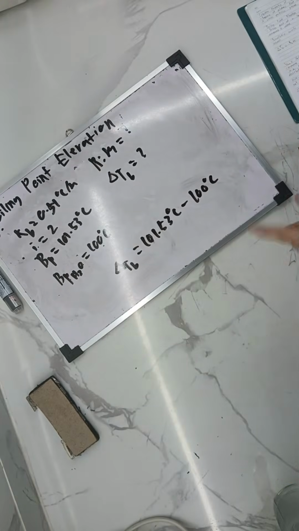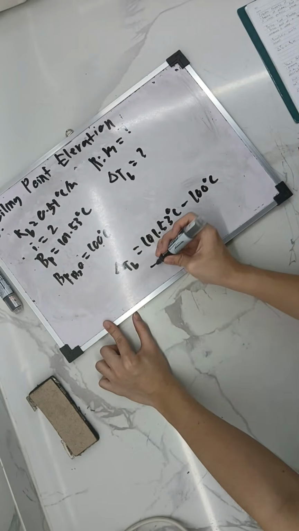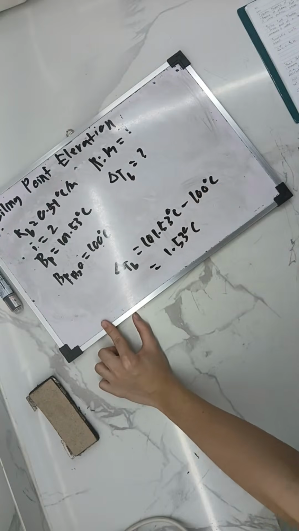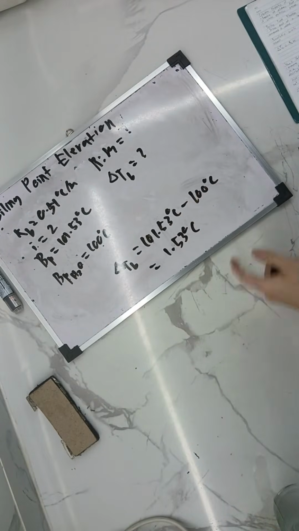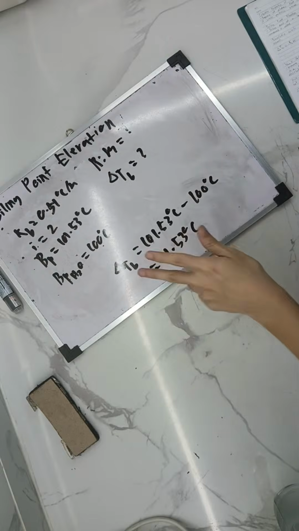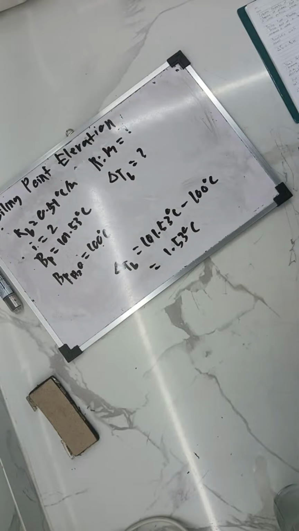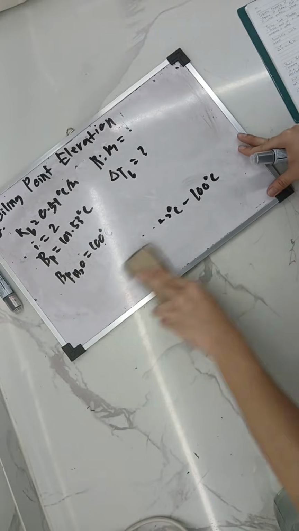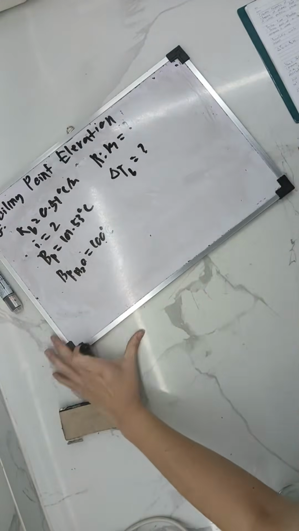When you subtract this, you'll be given the value of 1.53 degrees Celsius. So this is how you find the change in boiling point if you're given two temperatures. If you're only given two temperatures, nothing else, that is how you get the change in boiling point. So now we have a new value, which is 1.53.